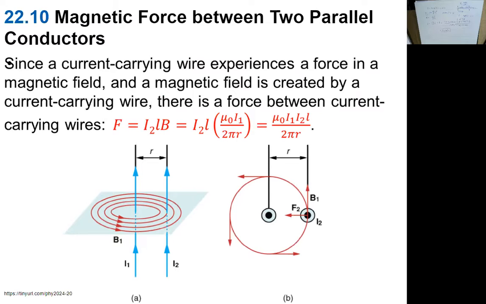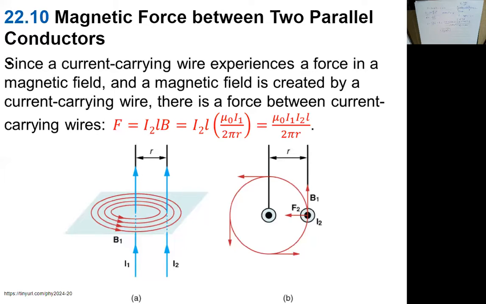We have learned so far that if you have a current carrying wire, you will have a magnetic field produced by that wire. So there's a magnetic field produced by I1 in figure A, in red this time, the B1, the circular lines.